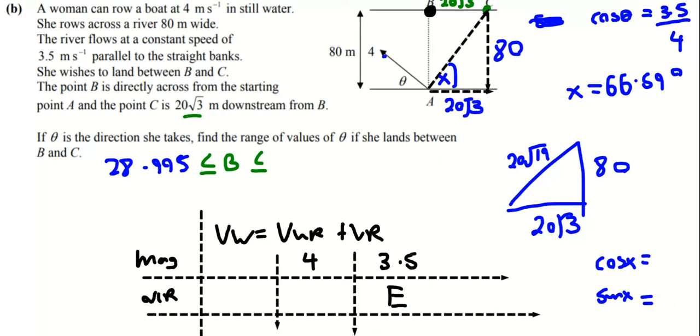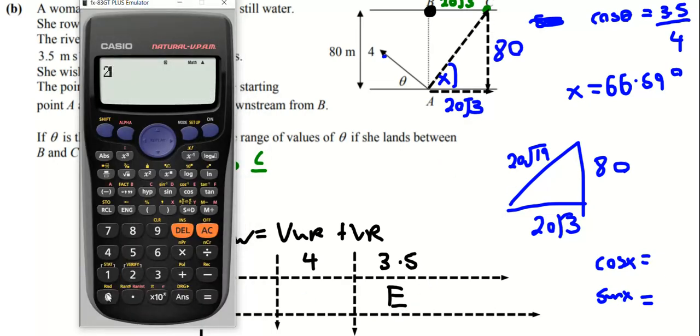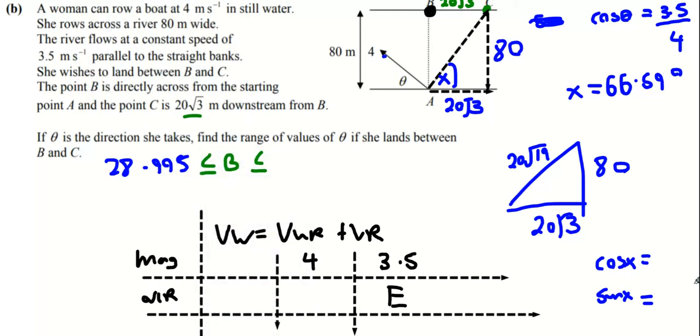So cos x will be 20 root 3 divided by 20 root 19, which is an unusual one, but still, which is root 57 over 19.